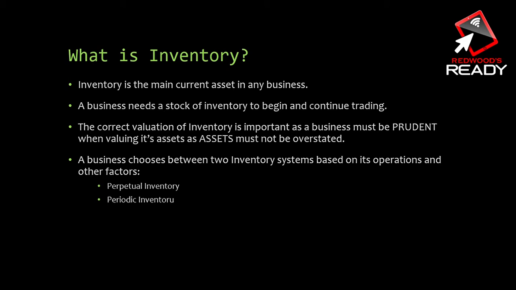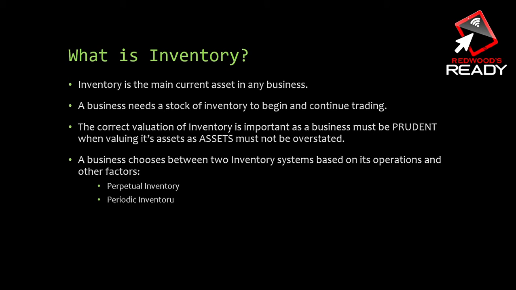So last year we learned about the difference between the perpetual inventory system and the periodic inventory system. The perpetual inventory system is the one that we use all the time, the continuous inventory system, which means that every single time a sales transaction is recorded, we say debit cost of sales, credit trading stock.